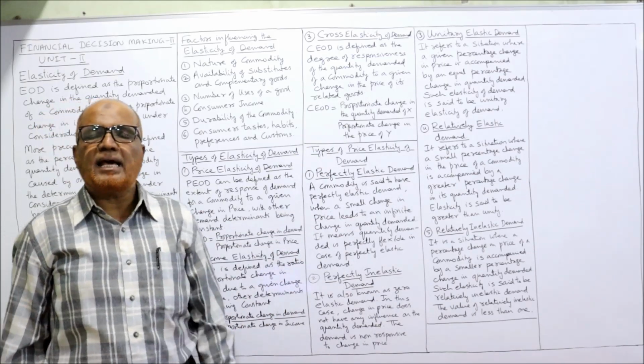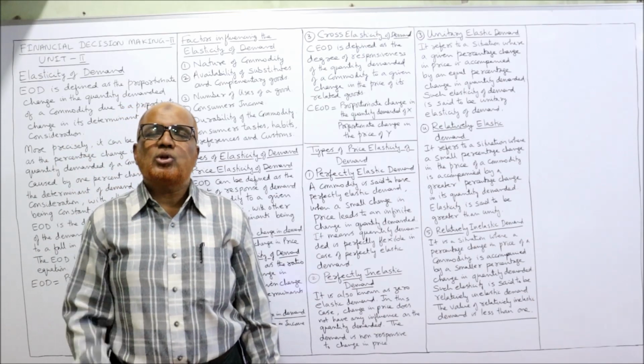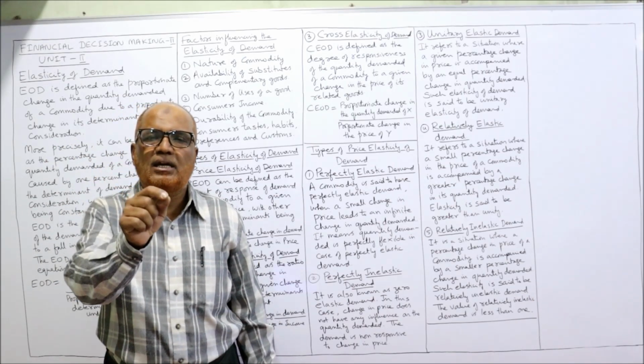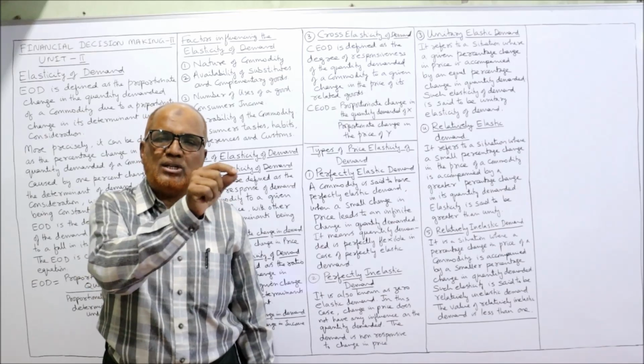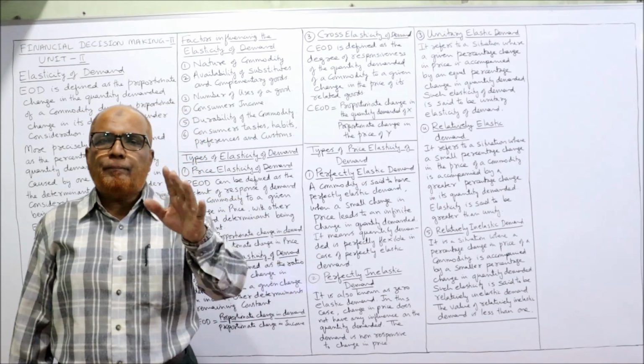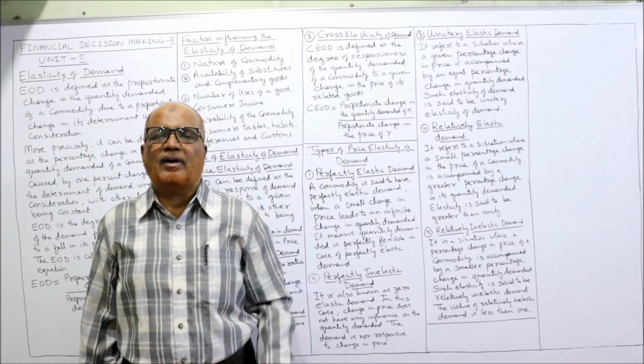Now unitary elastic demand. In unitary elastic demand, the proportionate change in demand is exactly equal to the proportionate change in price. That means both are the same. The price changed by 5%, demand also changed by 5%.